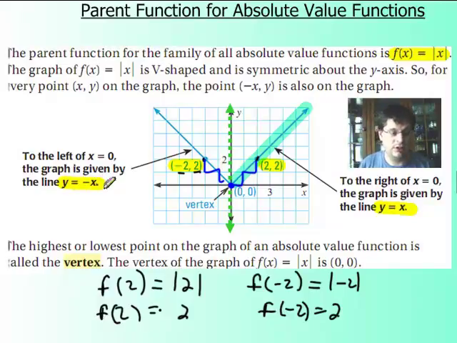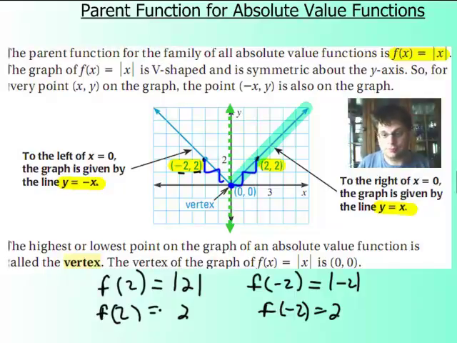So we add a negative in front of the x. There's that slope of negative 1 in front of the x, and a y-intercept of 0. So that's a unique thing that we can use to our advantage when it comes to graphing absolute value. It'll make our lives easier. As opposed to having to plot every single point, we can use these linear properties to make it a lot easier than plugging in and plotting.